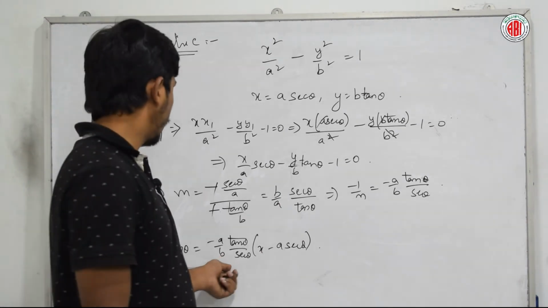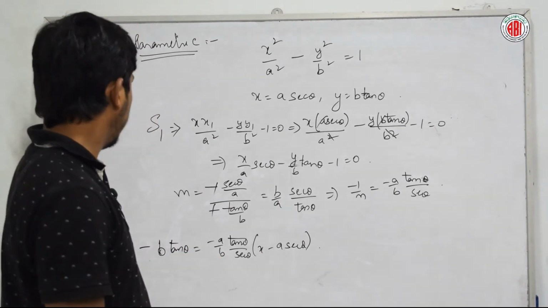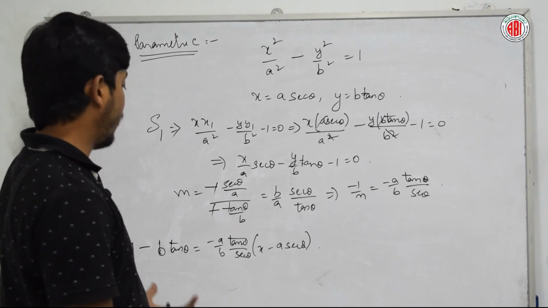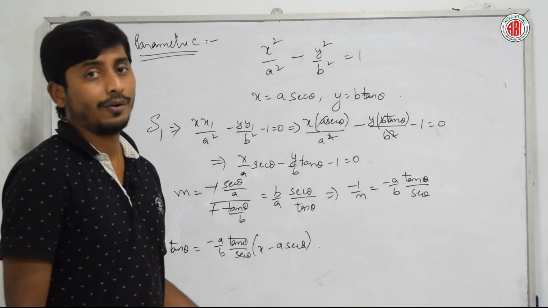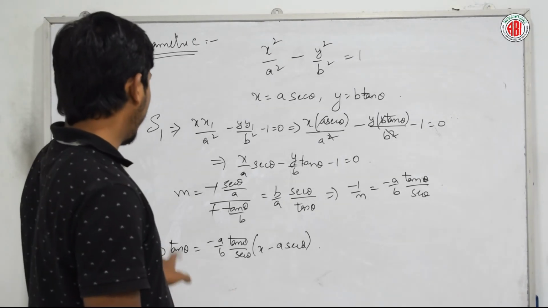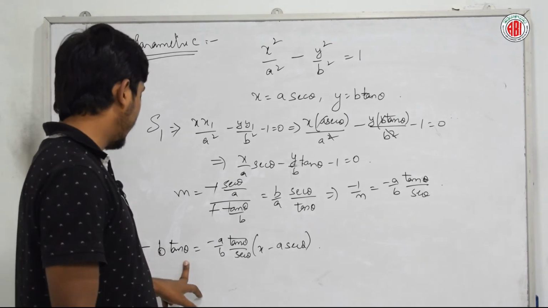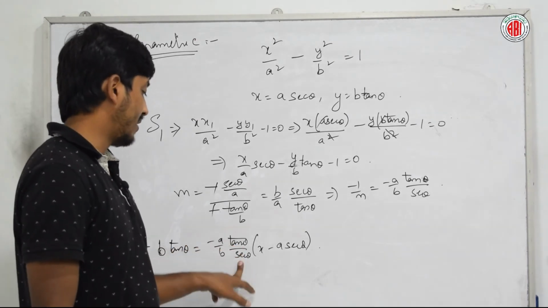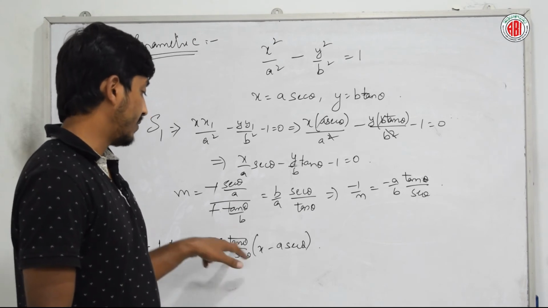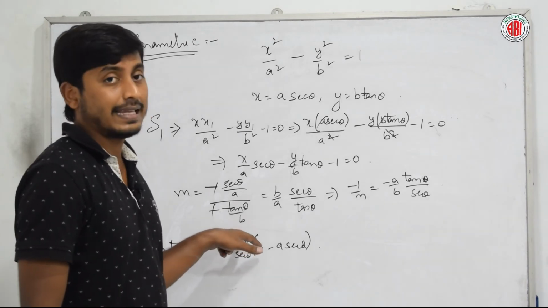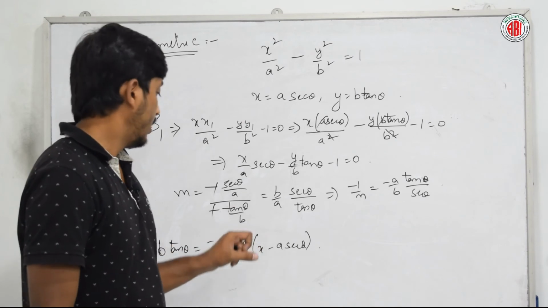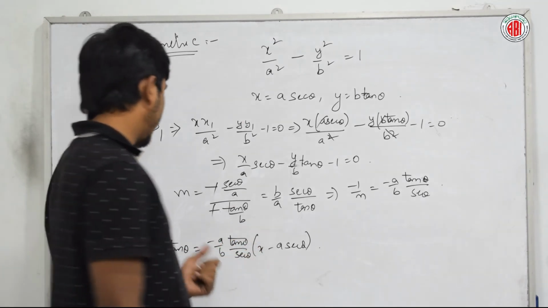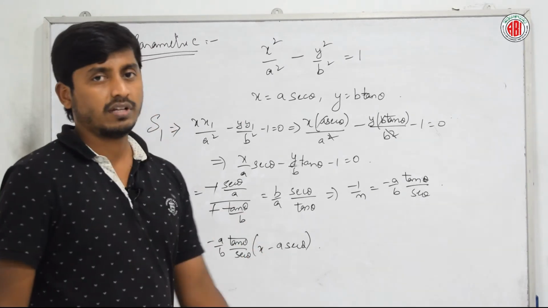If you want to simplify this, you can simplify, or else if you want to put it like this, it's okay. If you want to simplify, you can write tan as sine by cos. Here also sine by cos, sine by cos, I mean 1 by cos. Cos will get cancelled. I will be left with sine. You can multiply everything and simplify further.